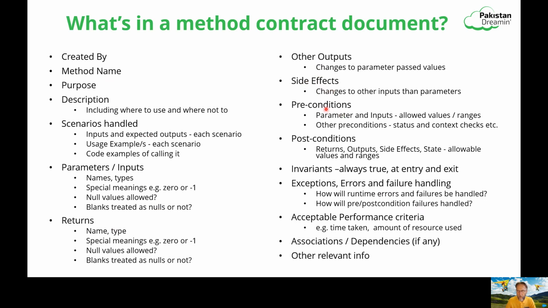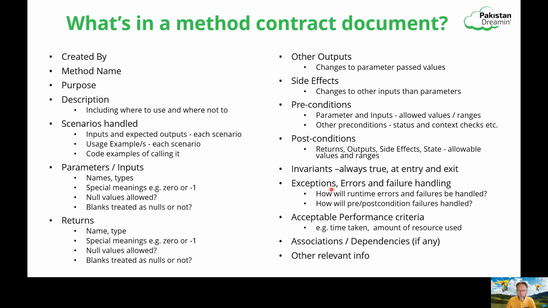And then you have your contractual conditions, which are your preconditions, your post-conditions, and your invariants. They can and should all be documented. Also, as discussed, your exceptions and error handling should be documented as to how that's going to work, at least in terms of what's visible to the outside, any exceptions raised, and so on.